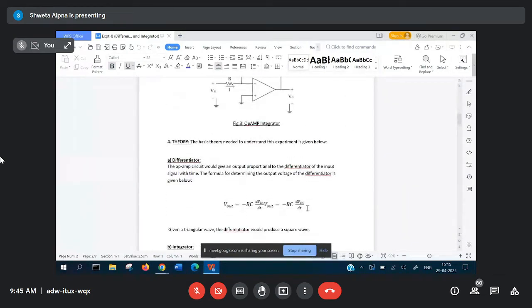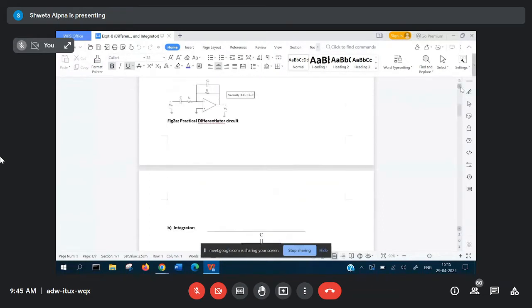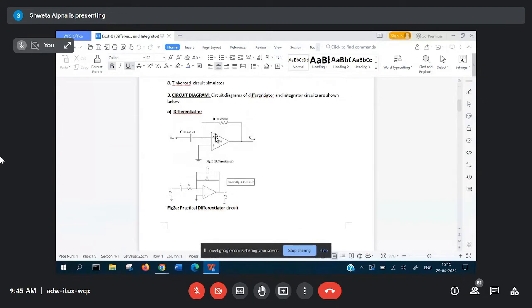Because you have learned in the previous experiment that when the input is applied to the inverting terminal, you can see the input is being applied to the inverting terminal of the op-amp. Non-inverting is grounded. Therefore the output will be the inversion of the input, so you get a minus here.